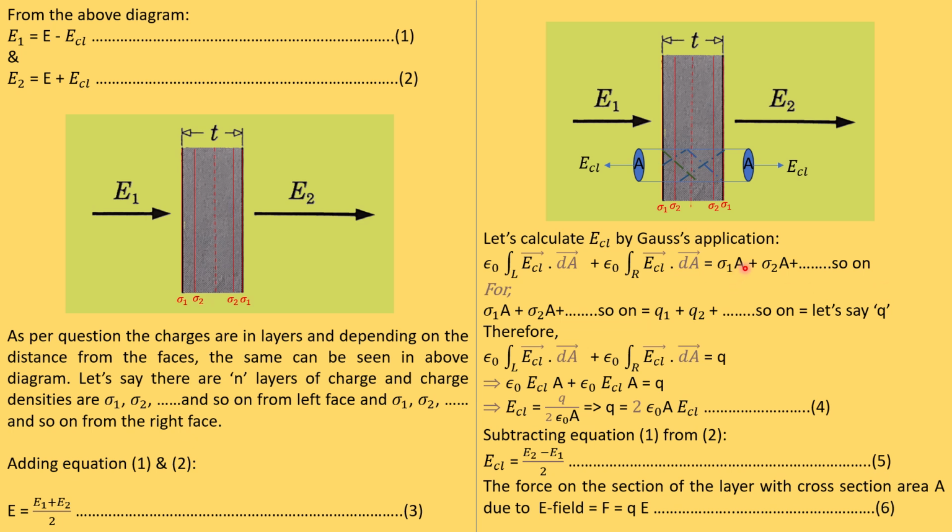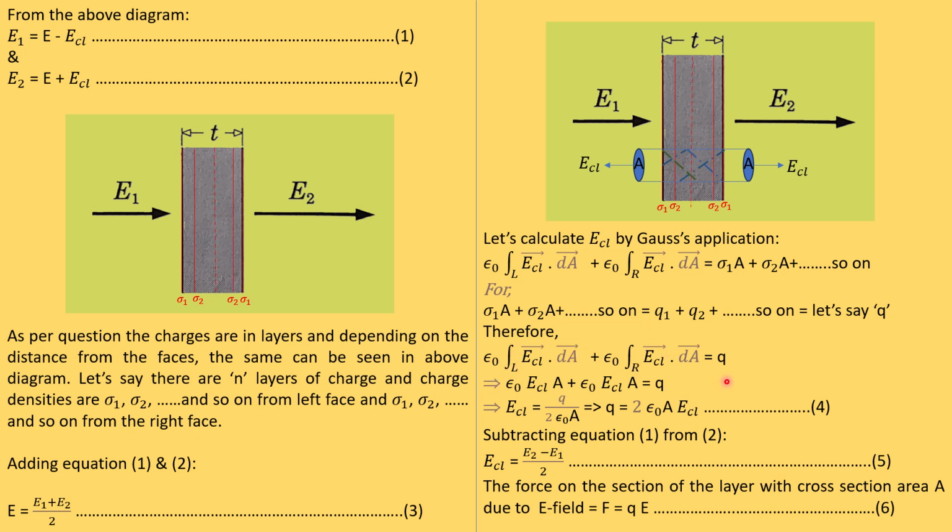So on. So sigma 1 into A will be the charge on this area. Q1, we have assumed Q1, Q2, Q3 and so on. And let us say that Q1 plus Q2 plus Q3 plus so on is total Q. So we can reduce this equation to epsilon naught ECL dA plus epsilon naught ECL dA for the right side.